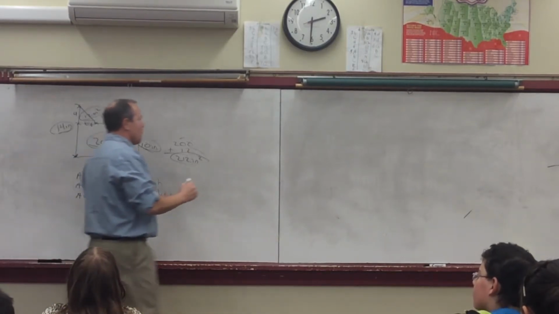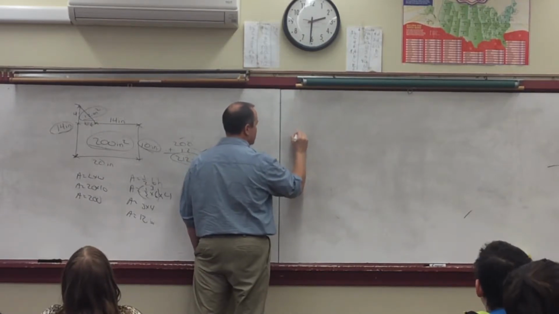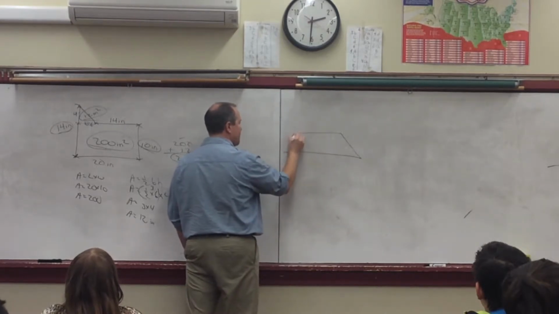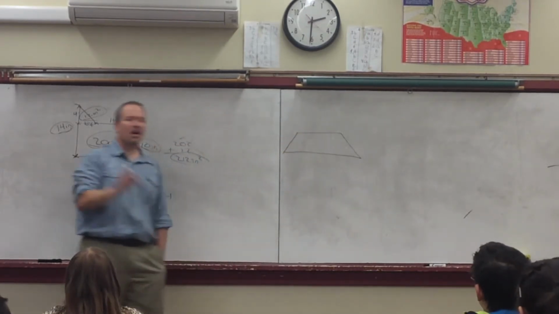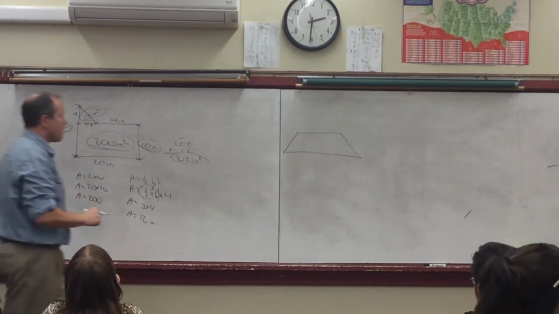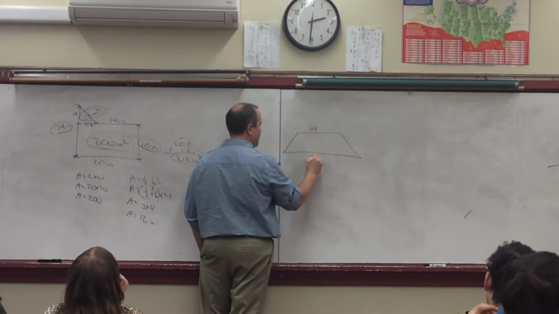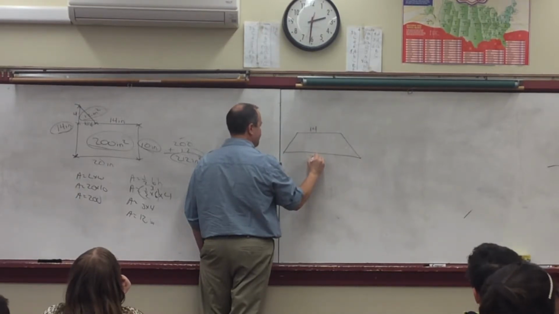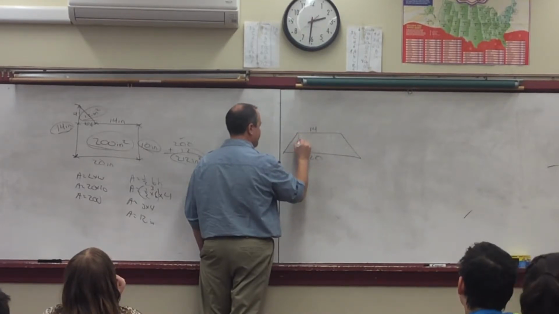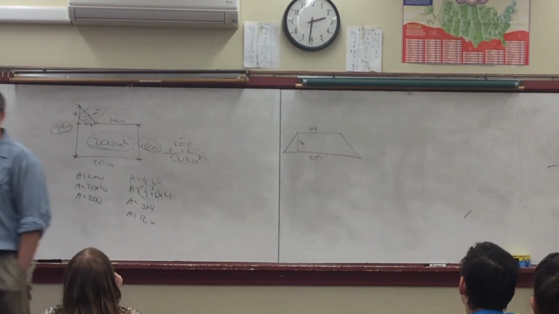Now, let's say we had something like this. I'll give you a chance to write it down in a couple seconds. Okay? Here we have a trapezoid.